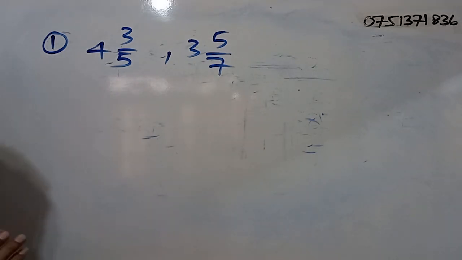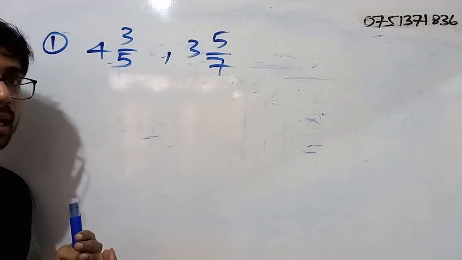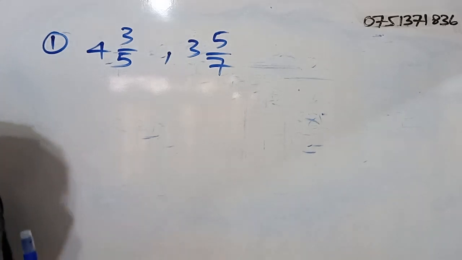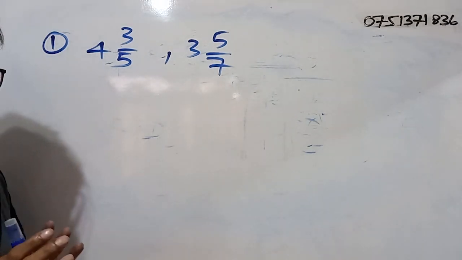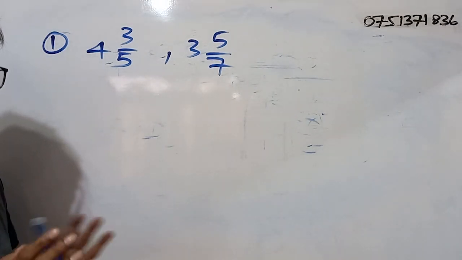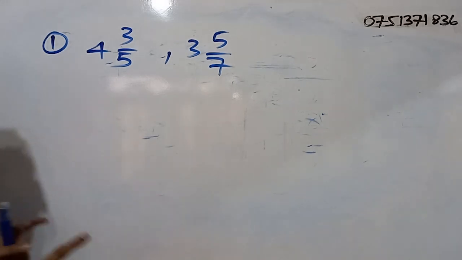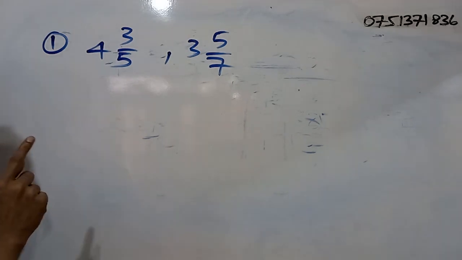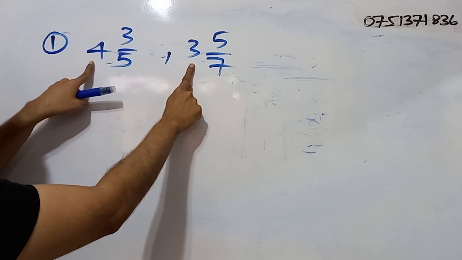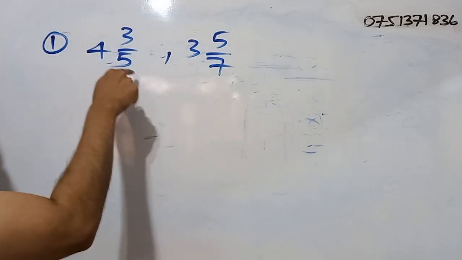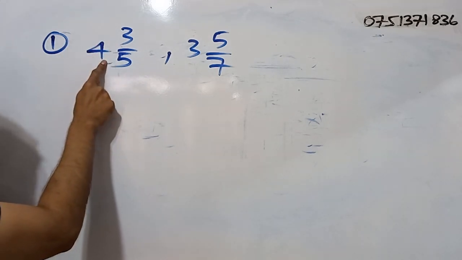So, actually, there are several patterns in which you will be getting the questions, right? So this is one of the patterns. When you have been given two mixed numbers that you need to compare, that means selecting the larger one, the first thing that you need to do is what? Take a look at the whole number part, right? So in this fraction, which is 4 and 3 by 5, the whole number part is what? 4.